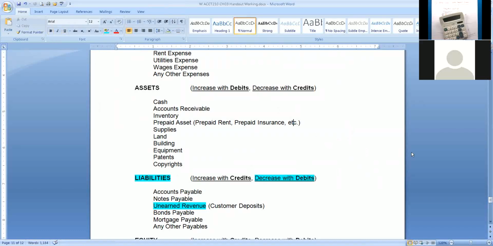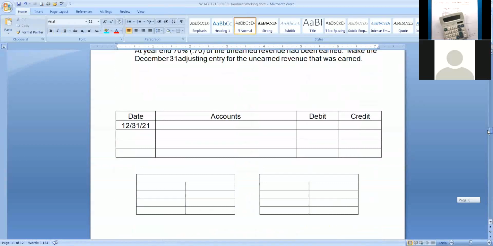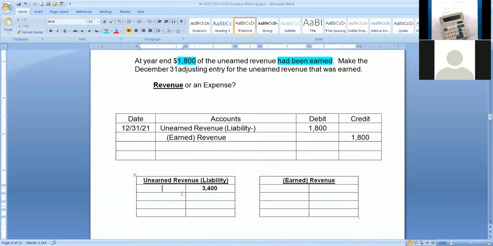Decrease with debits. Okay, so this is decreasing it by 1,800. And the revenue we're picking up as earned revenue.